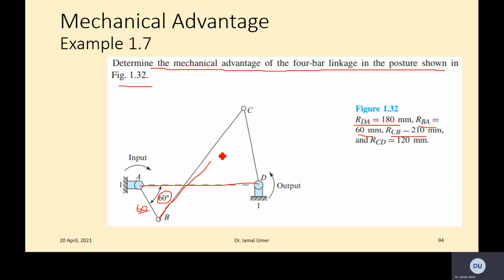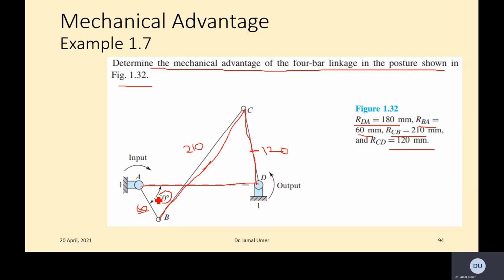RCD, the follower, is 120. So the follower is 120, the driver is 60, and this one is the coupler, RCB, which is 210. These are the different lengths given.